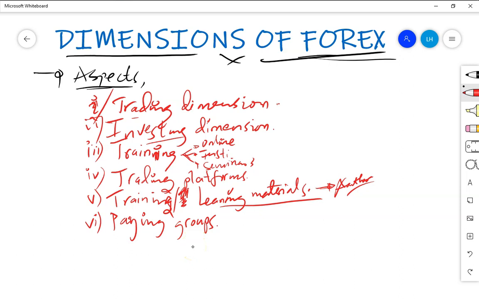They create the groups, and they attract people to join those groups by paying a certain fee. So those people also make money within the forex industry, but not mainly out of trading. They make it from the fees that are paid by people who want to join those groups.